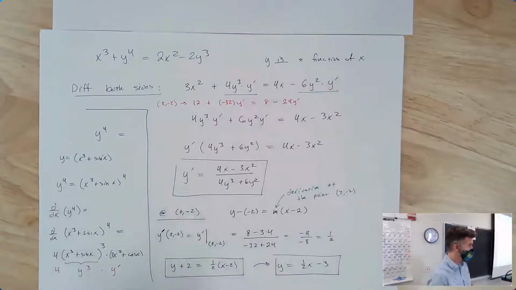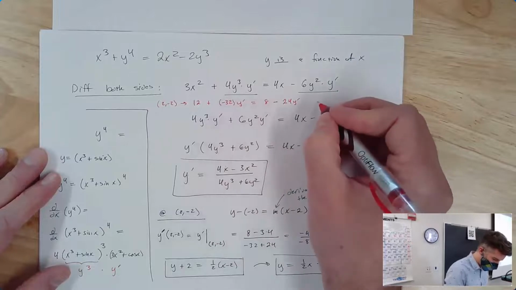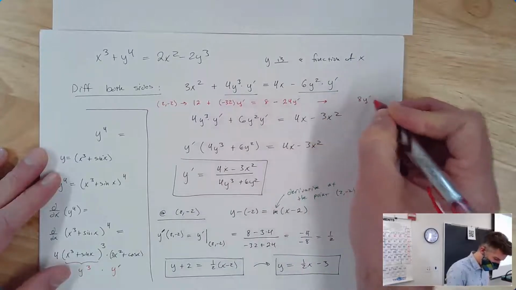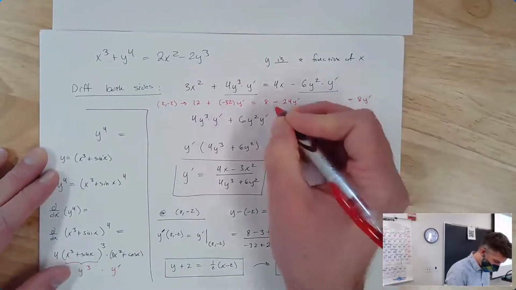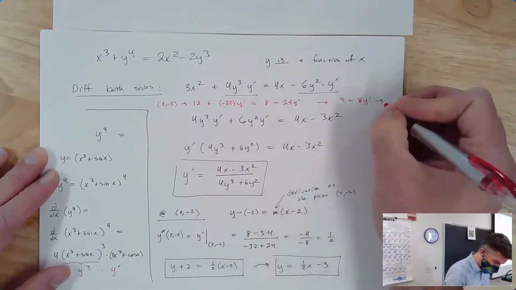And then if you solve for y prime, you're going to get the same answer. If we add 32 y prime to the side, we're going to get 8 y prime on the right. And if we subtract 8 on the left, we're going to get 4. And we get y prime equal to 1/2.